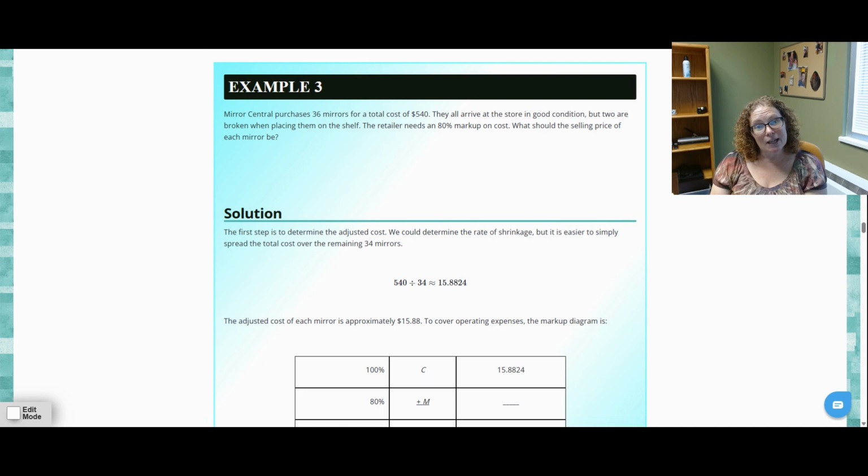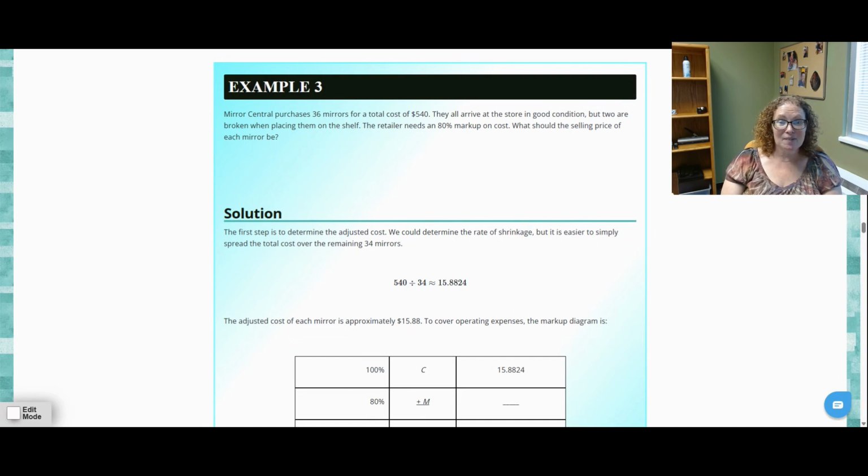So originally, he or she spent a certain dollar amount on the 36 mirrors. He spent $540. But if we do the math on that, 540 divided by 36, originally each mirror was $15. But we broke 2.